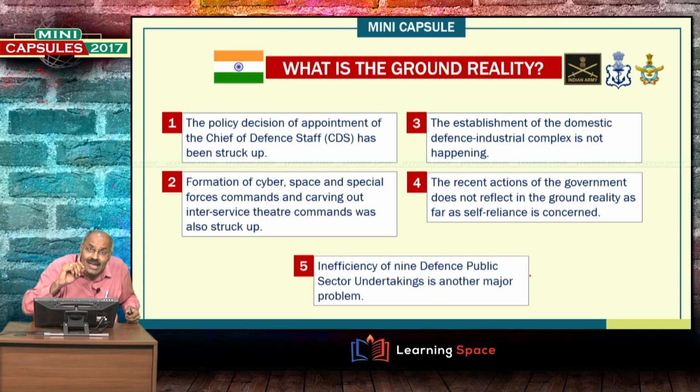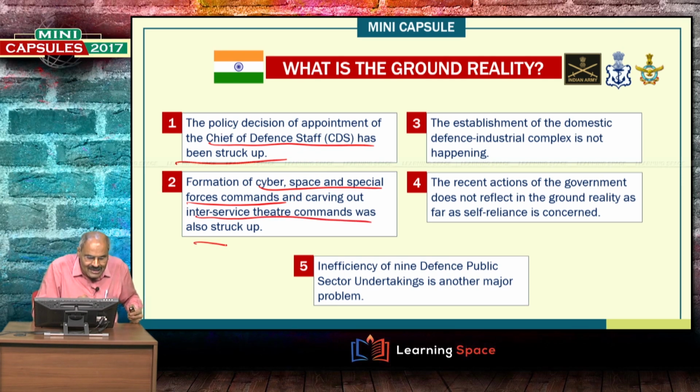Now, what is the ground reality? The government is dithering on several policy decisions. First, the appointment of the Chief of Defence Staff, or CDS, was stuck. Then the formation of cyber, space and special force commands, and carving out inter-service theatre commands, was also stuck. Then one defence industrial complex is to be established; that is also stuck.